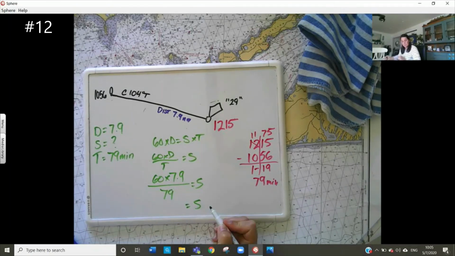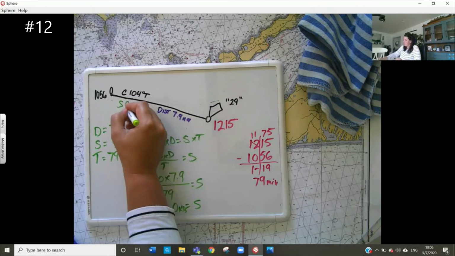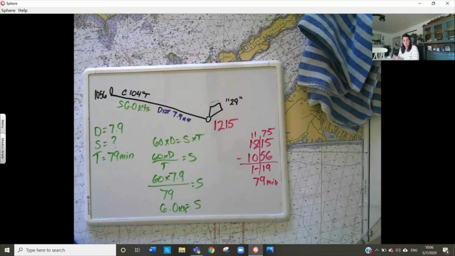We get a speed of 6.0 knots. So our 6.0 was more than our 5.6, so that checks out, that our actual speed was 6.0 knots. So again, just using that 60D street a bunch of times and practicing and collecting information using that.